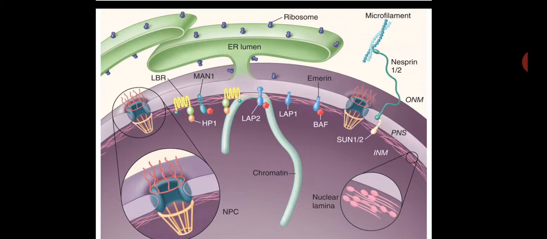Whereas the outer membrane has a different protein composition and is studded with ribosomes, because it is continuous with the endoplasmic reticulum. That is why the outer surface of the membrane is studded with ribosomes, like the endoplasmic reticulum.